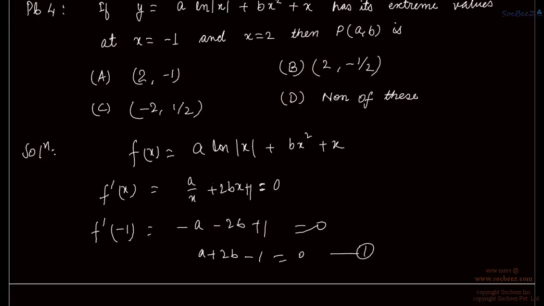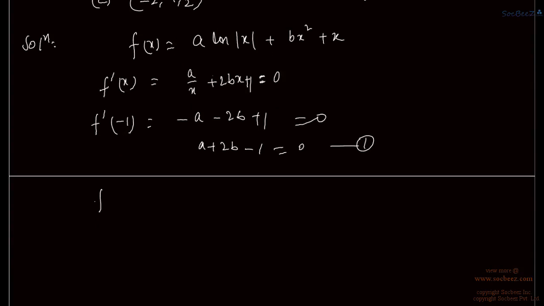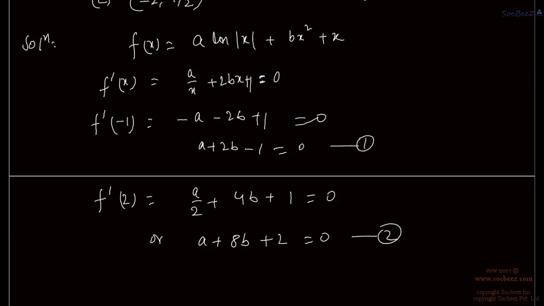So let us name this equation 1. And also we have f dash 2 is equal to a upon 2 plus 2 times 2 which is 4b plus 1 is equal to 0, or we can write it as a plus 8b plus 2 is equal to 0. So let us name this equation 2.